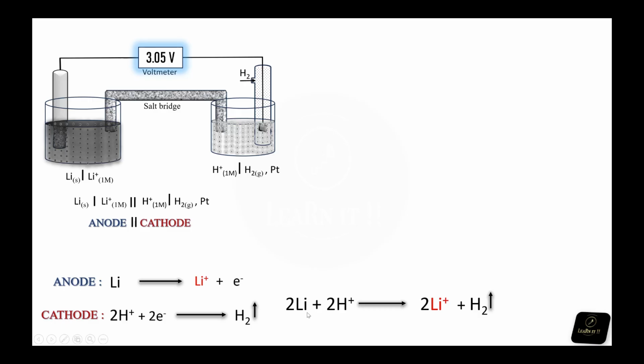The overall reaction, which is balanced, means that 2 lithium atoms convert into lithium ions, which will liberate 2 electrons, and they travel through this wire and sit on this platinum plate. After that, the 2 H plus ions gain those 2 electrons and become hydrogen gas.